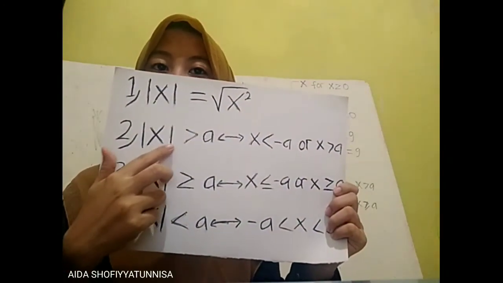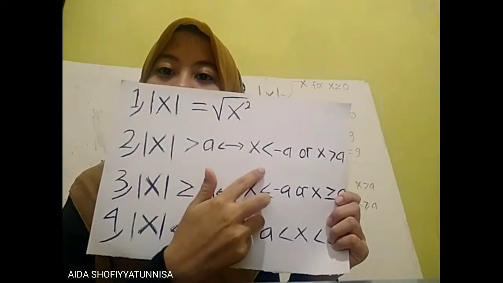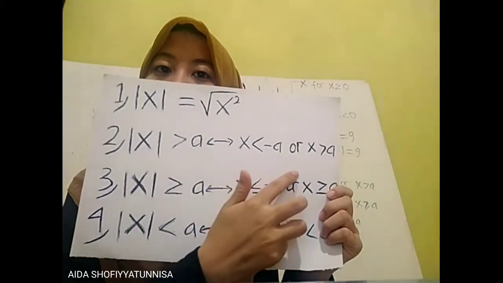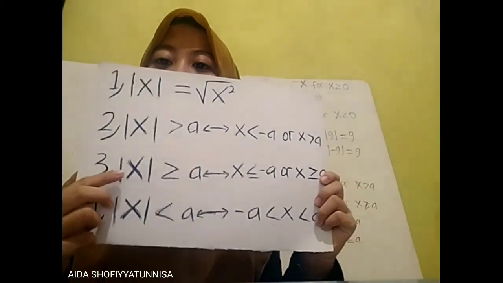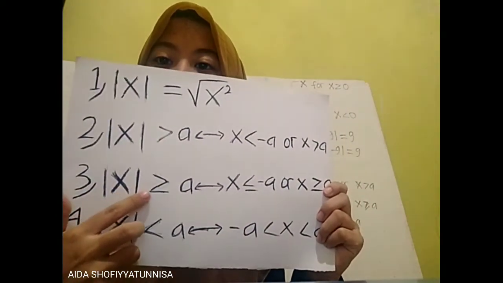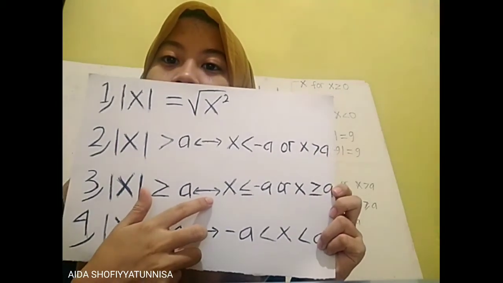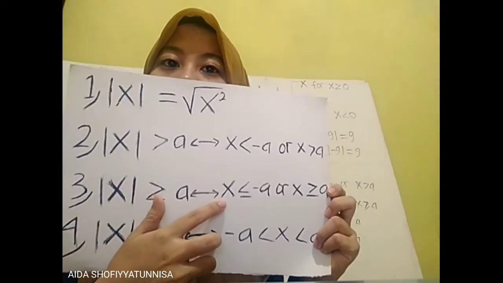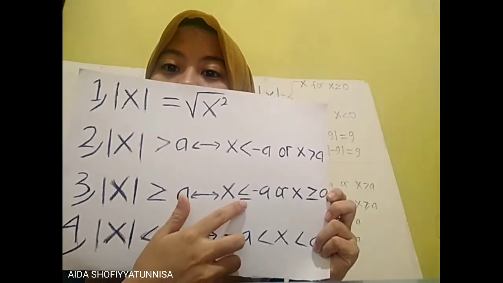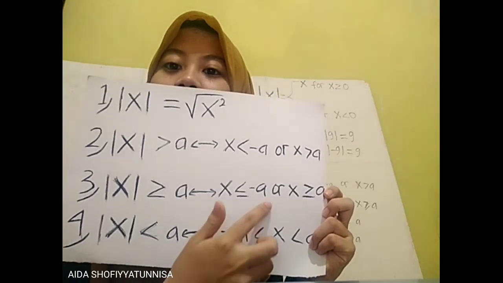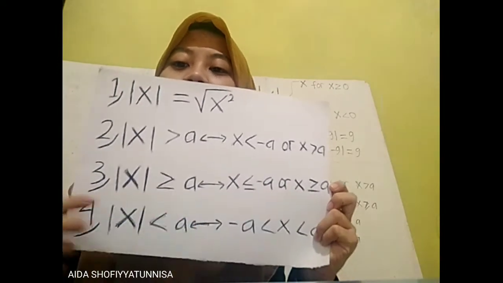Absolute x is greater than a if and only if x is less than negative a or x is greater than a. 3. Absolute x is greater than or equal to a if and only if x is less than or equal to negative a, or x is greater than or equal to a.